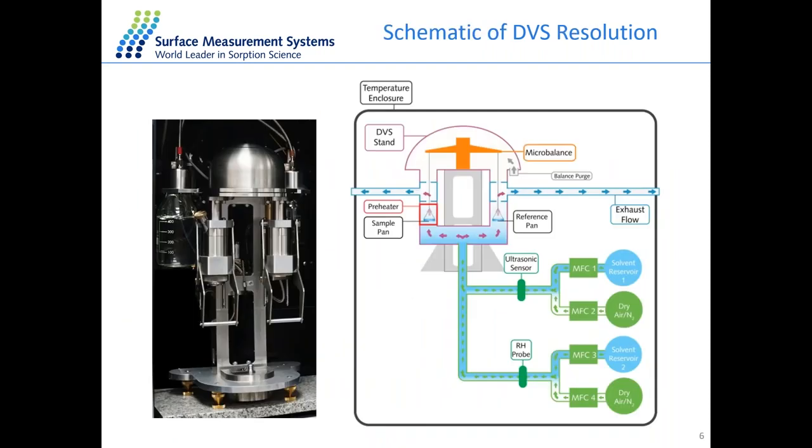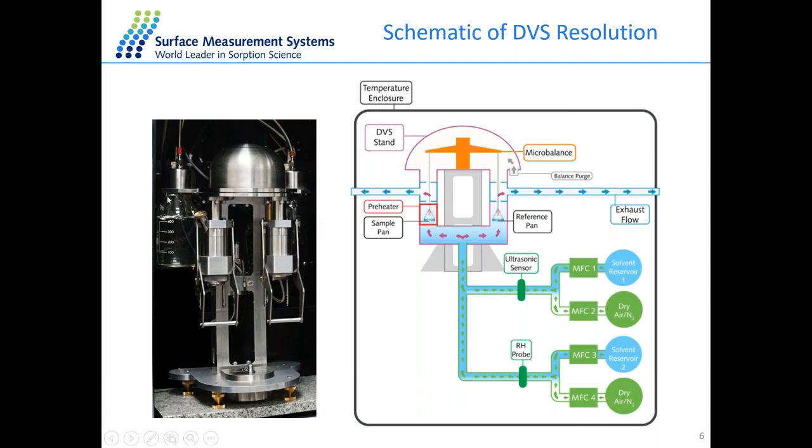Here is an example with one of our systems, the DVS Resolution, which can measure the sorption of both water and organic vapor, as well as the competitive sorption of two different components. In the middle of the system, we have the microbalance. It's connected to both the sample pan and the reference pan. We put the sample of interest into the sample pan here.